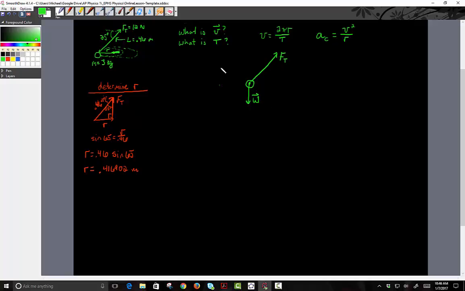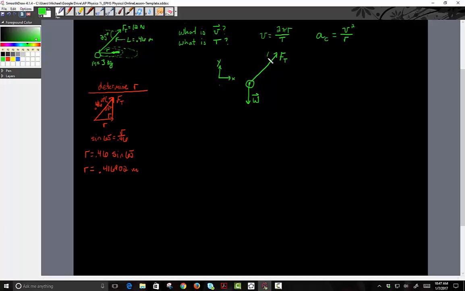I'm going to define my coordinate system to be like so. So I have x in this direction and y in this direction. So all I need are the components of this tension force, and that would be this direction, my force of tension in the x, and then I have a force of tension in the y direction, which would offset the weight. So I'll go ahead and draw these in.